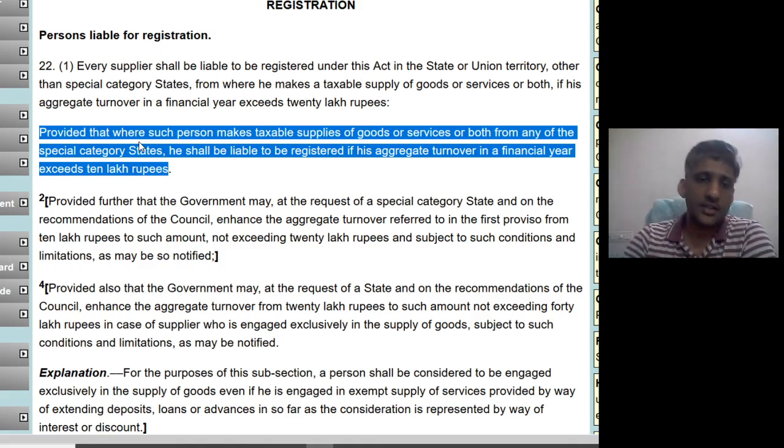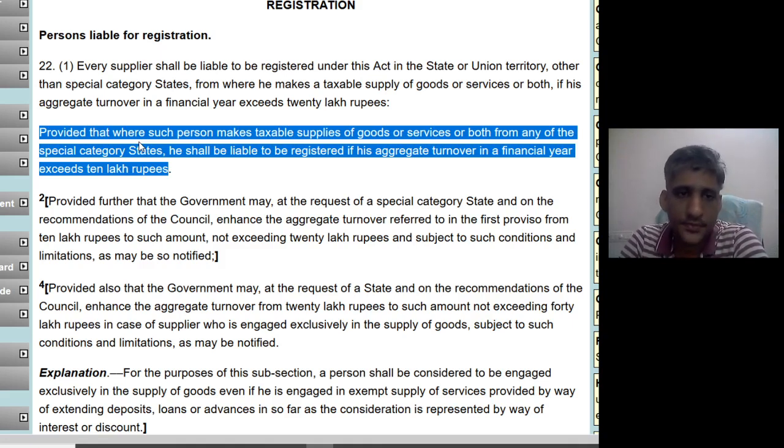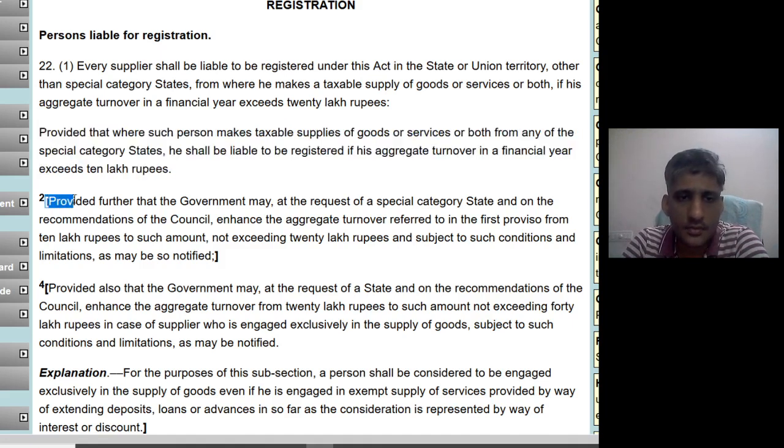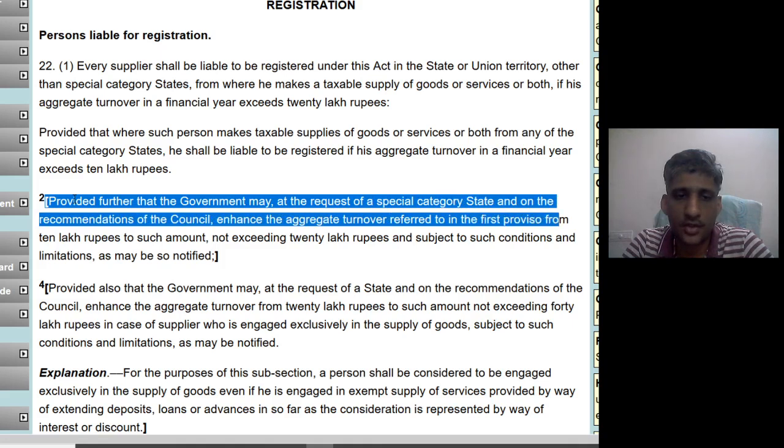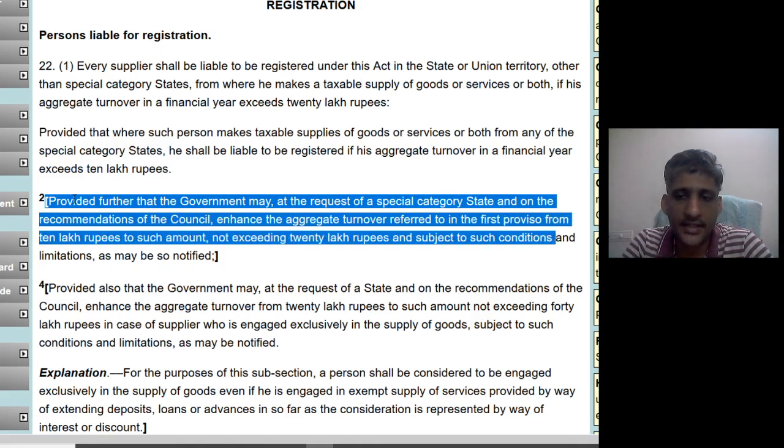Next question you will ask is what are special category states? We will get on to it. Always the answer to a question will raise some other questions. Provided further that the government may, at the request of the special category states and on the recommendations of the Council, enhance the aggregate turnover referred to in the first proviso from 10 lakh to such amount not exceeding rupees 20 lakh, subject to such conditions and limitations as may be notified.